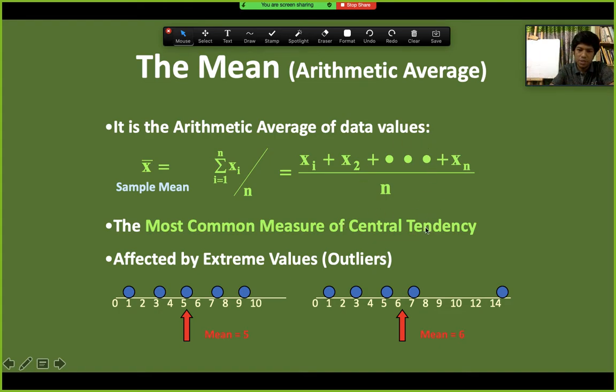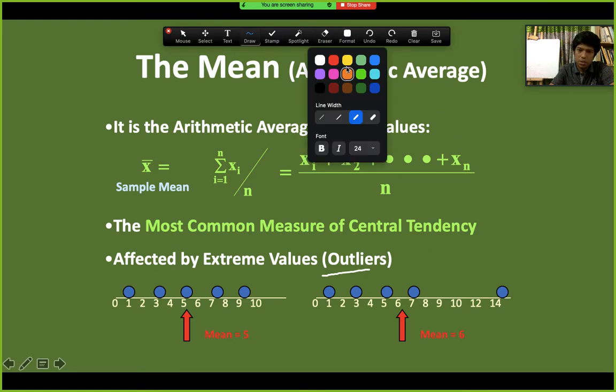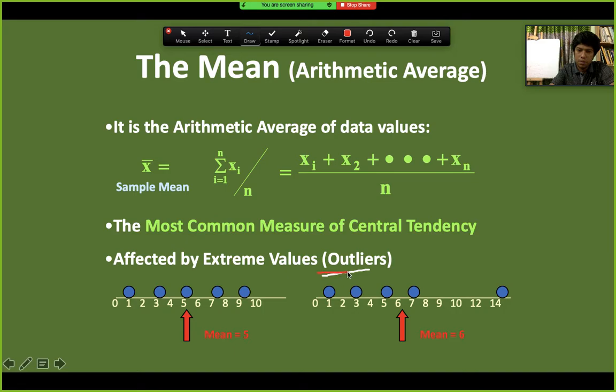So this is the mean, and this is affected by the extreme values. This is one of the demerits of this system. What is an extreme value? What are outliers?